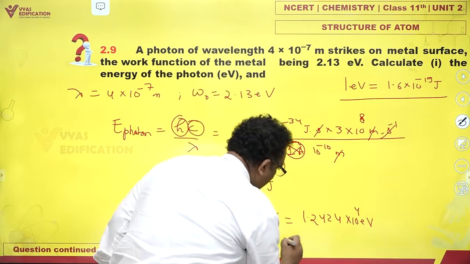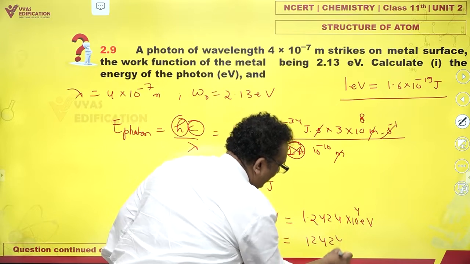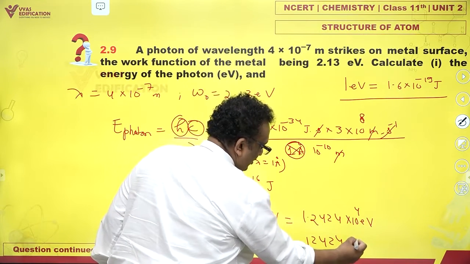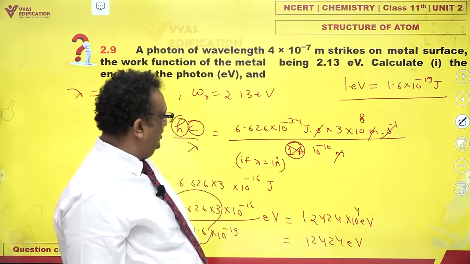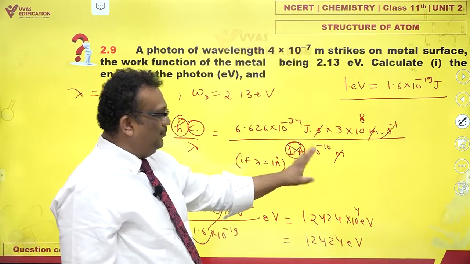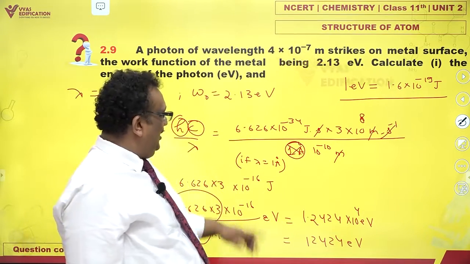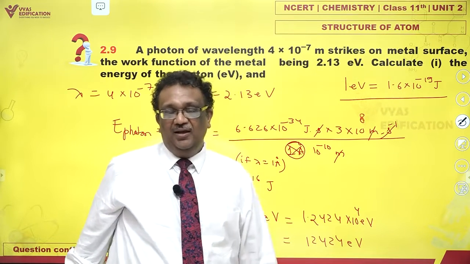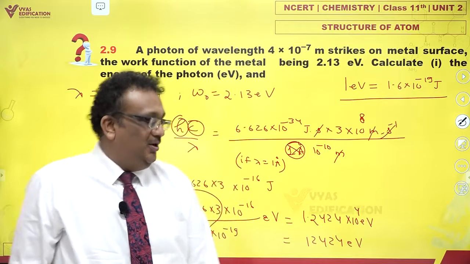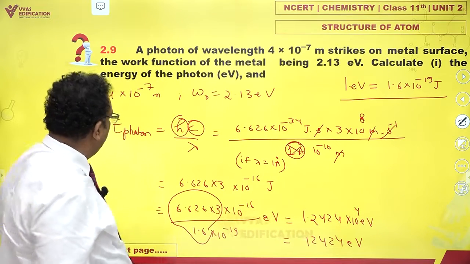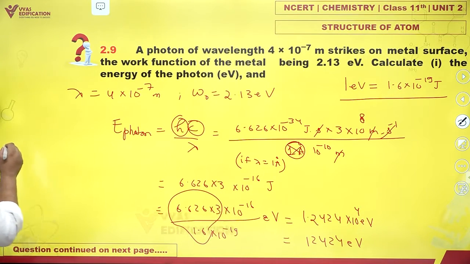ये हो जाएगा 1 2 का 4 और फिर से 2 4, 12424 इलेक्ट्रॉन वोल्ट्स. ठीक. अगर ये सारी गंदगी अपन सॉल्व कर लें तो अब लैम्डा अगर 1 की बजाय 4000 आ जाए तो क्या होगा? तो हमने एक एक्सप्रेशन निकाली. कौन सा? एनर्जी ऑफ फोटॉन.